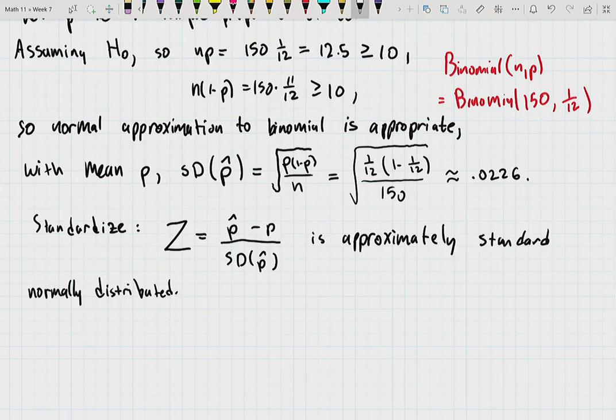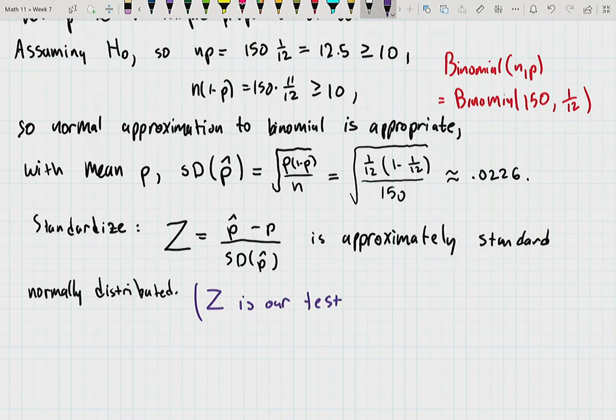And there's a name actually for that, by the way. So z is our test statistic. And it's also called a z statistic.